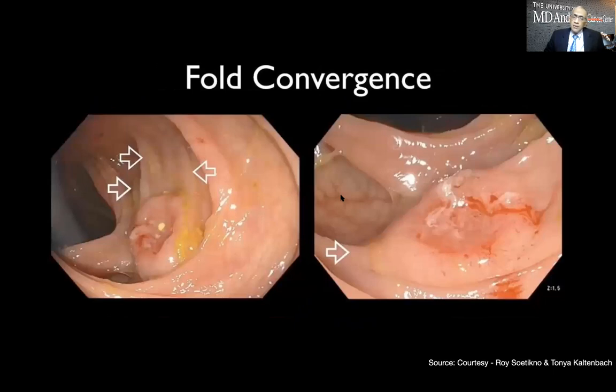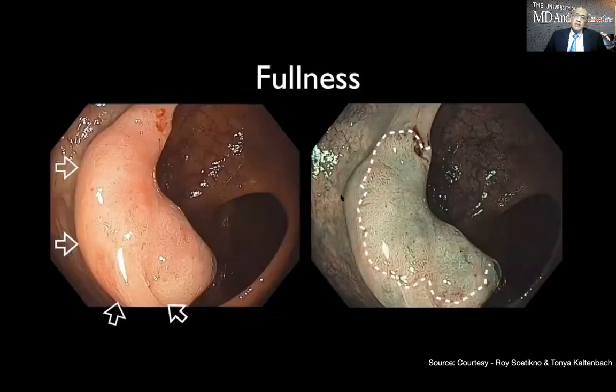Expansile appearance and fold convergence should be looked at whenever you're evaluating a lesion to say whether it is cancer or not. Another feature is if there is fullness. As you can see, there is fullness in the fold here, and that is another feature of cancer.